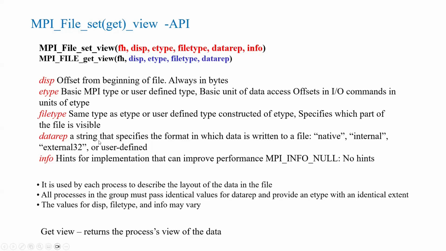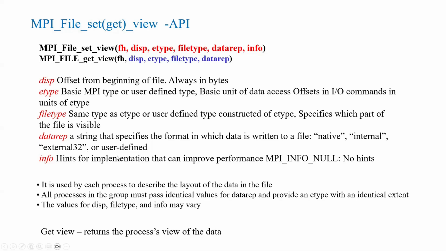And it comes with another argument called the data representation. This is a string that specifies the format in which data is written to a file. So normally we'll use native, because native is basically the type of data you just write to a file. Or you can define it as internal or external32, and that may make it a little bit more portable if you write it on different systems.